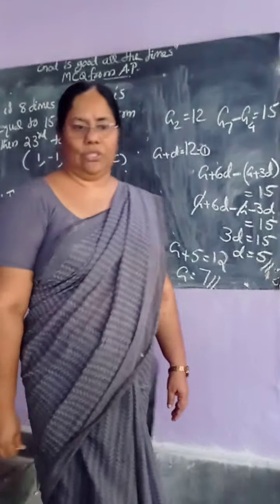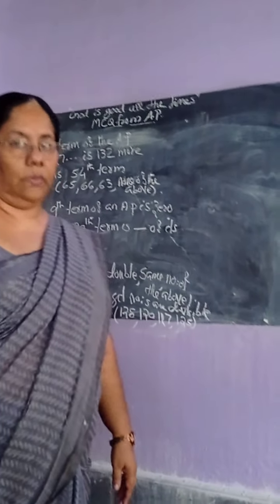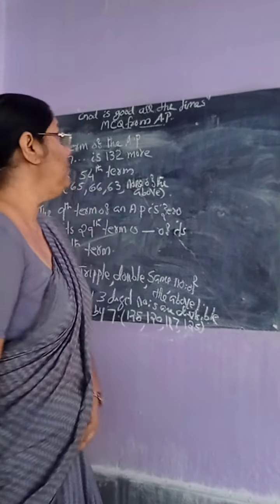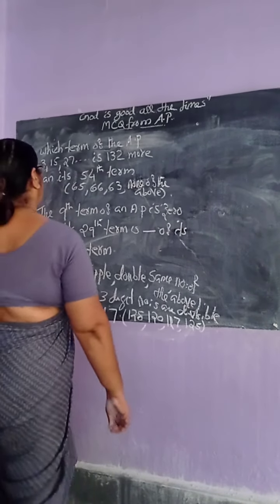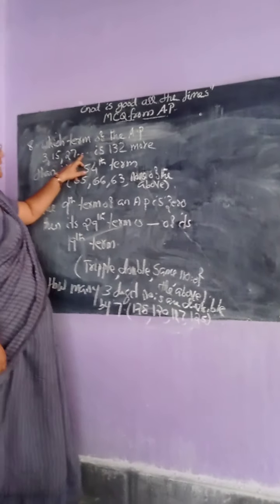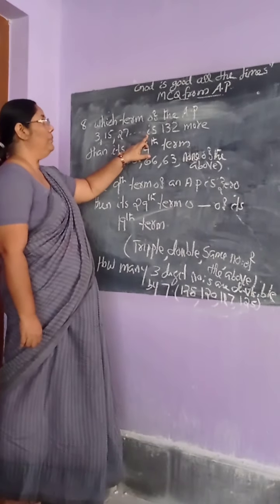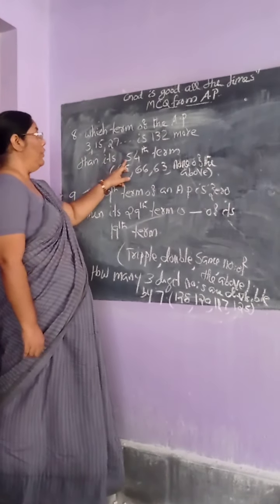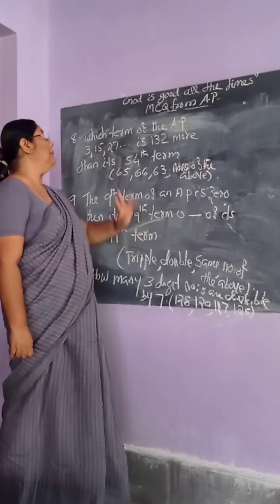Right, the next question. The 8th question. Which term of the AP 3, 15, 27, etc. is 132 more than its 54th term?